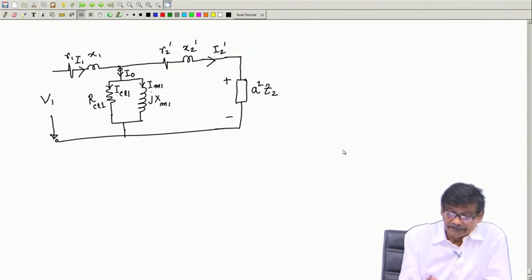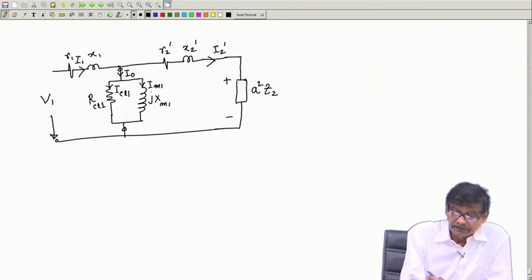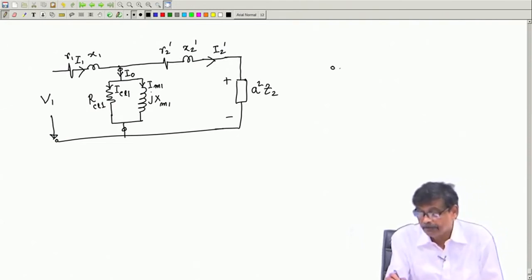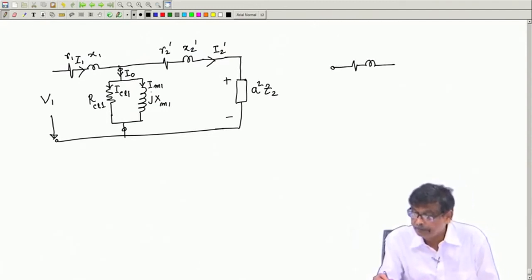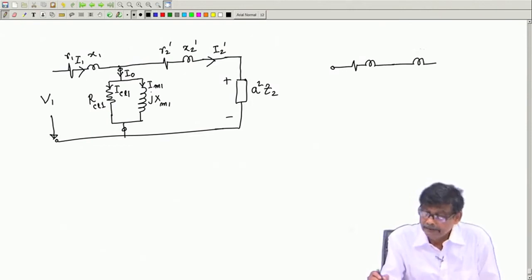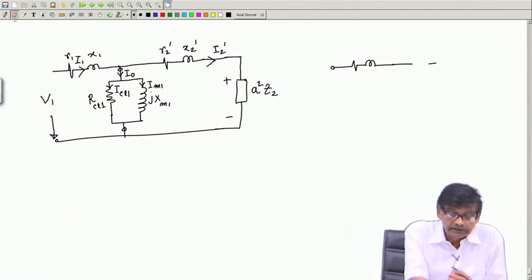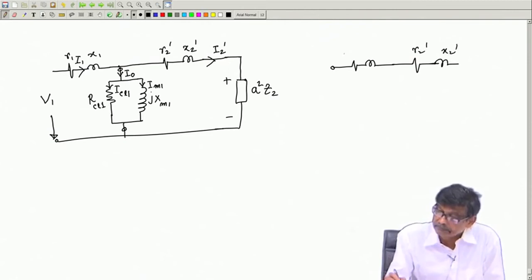Now, in this equivalent circuit, this branch has a high impedance value compared to this. So, this branch I will first remove, I will not consider this branch. So, R 1 X 1 and R 2 dashed X 2 dashed, and this one I have removed.